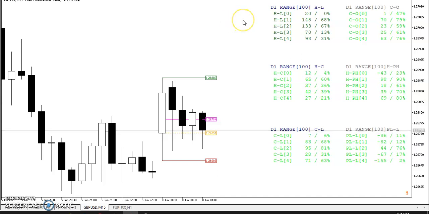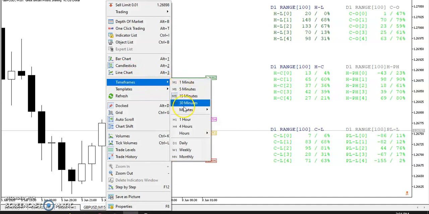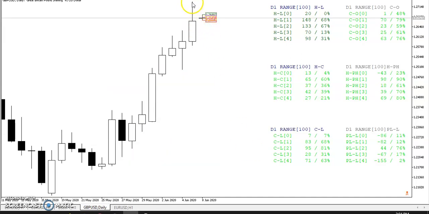So for example, if you look at the range from the high minus close and close minus low, that splits it up into 2 sections. If we switch back to a daily chart, you can see we've got high minus close and close minus low.